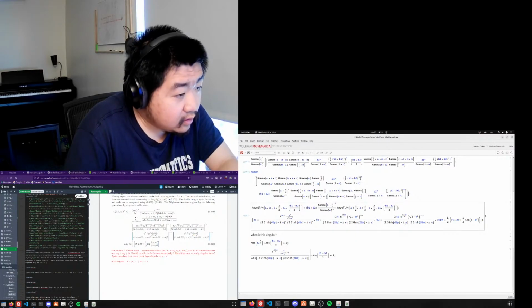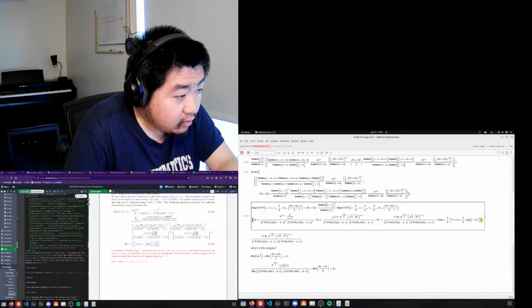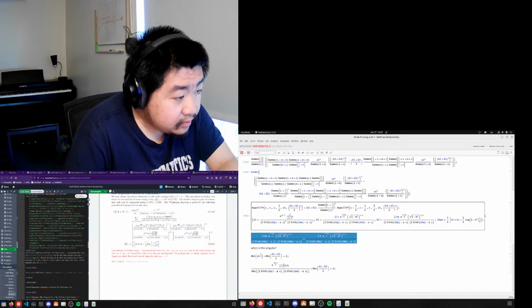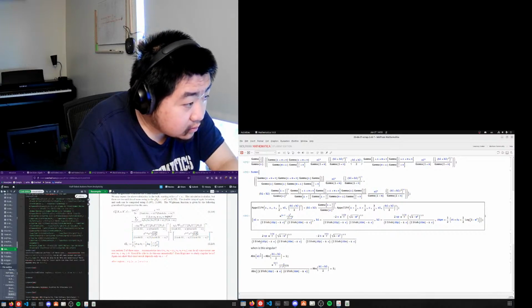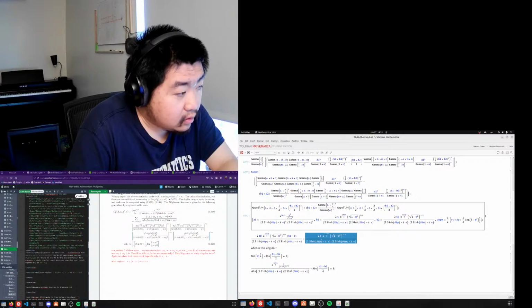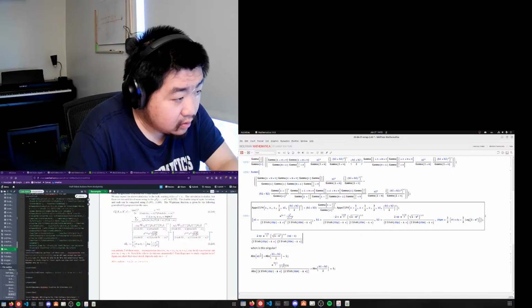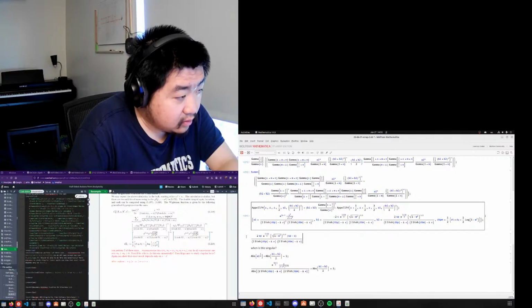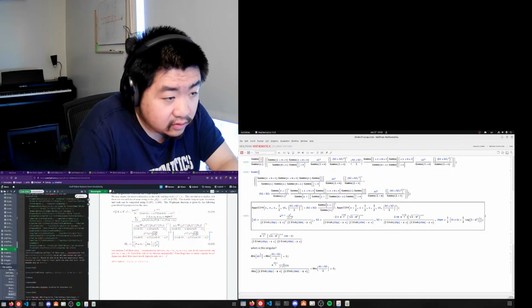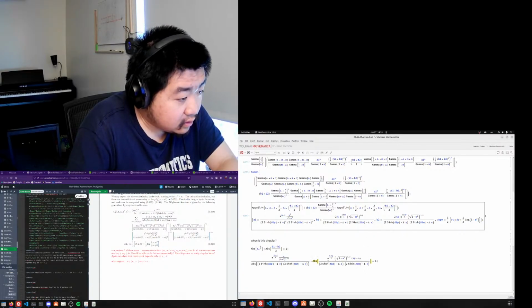Good. So now I need to add B1 plus B2. Yeah, so this is just this minus S. B1 plus B2, but I also need to go off this factor of 2, so that's good.